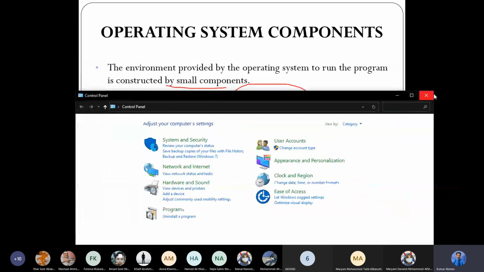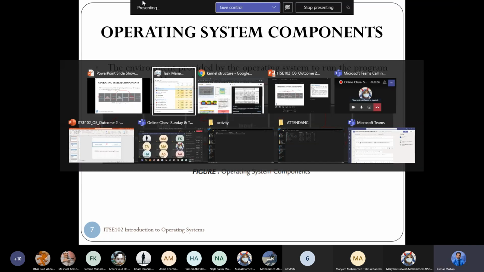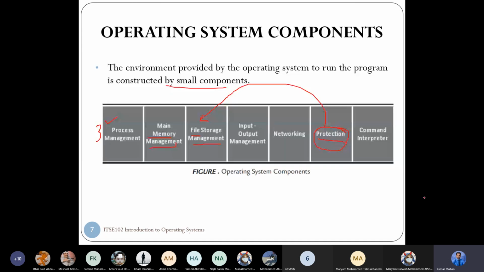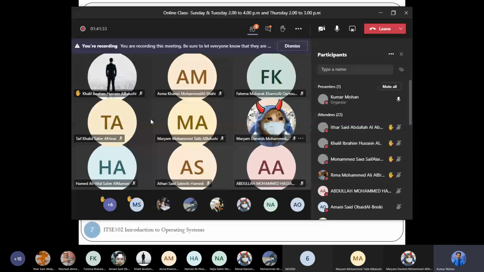So what are the components of operating system? Come on, tell me what are the components of operating system. Anyone please read. I just want to know.